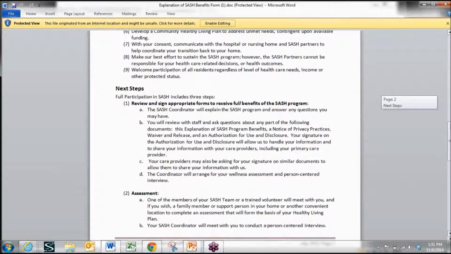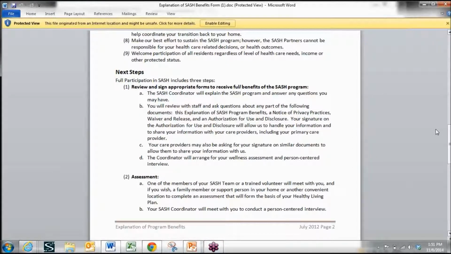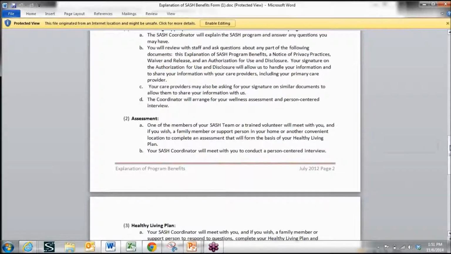And then I think importantly is this next part that really says to them, okay, so the next steps here are this. And so it breaks down what we saw as the most imminent steps for someone that's signing on. And that is, they're going to review and sign the forms that you're going through with them right then. And then number two, the next thing, and this doesn't mean it's happening on the same day.